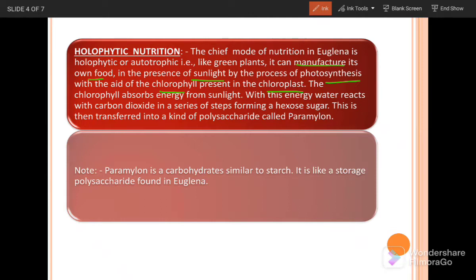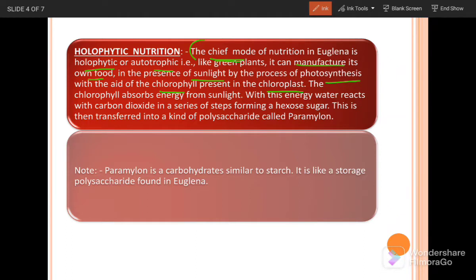I hope you have understood up to this much, that the chief mode of nutrition in Euglena is holophytic or autotrophic.